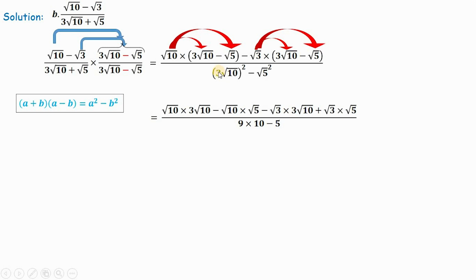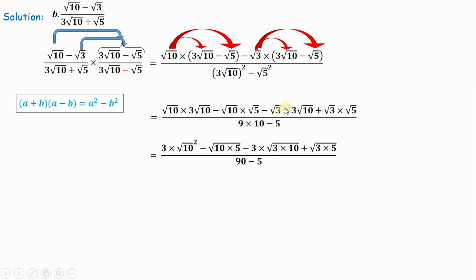And in the denominator we get 3 square is 9, and root 10 square is 10, and minus root of 5 square is 5. So we'll multiply this: 3 into root 10 square, minus root of 10 into 5, minus we have 3 here, we'll write down the 3 first, into root of 3 into 10, because root 3 and root 10 we take together, and plus root of 3 into 5.